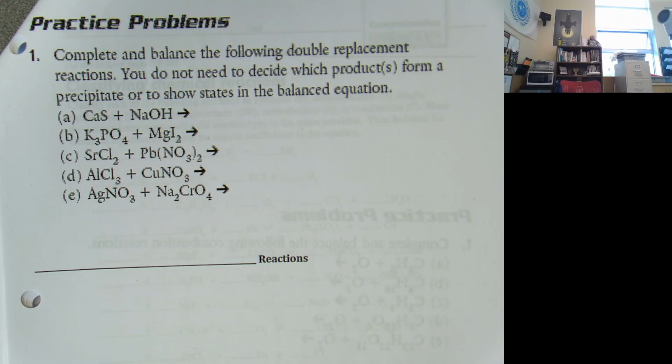Do you just use the numbers? See, you don't use the charge when you're building the compound. You only go back, you don't consider that. That's +1, that's -1, which is going to be KI.